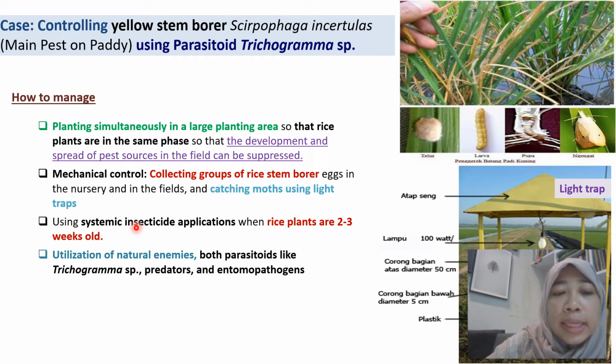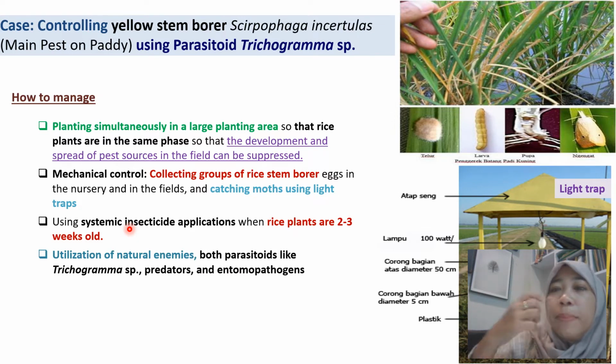We can use insecticide application, systemic insecticide. Systemic insecticide is different from contact insecticide, because this pest, the stem borer, lives inside the stem of the rice plant. So it couldn't be reached by the contact insecticide.